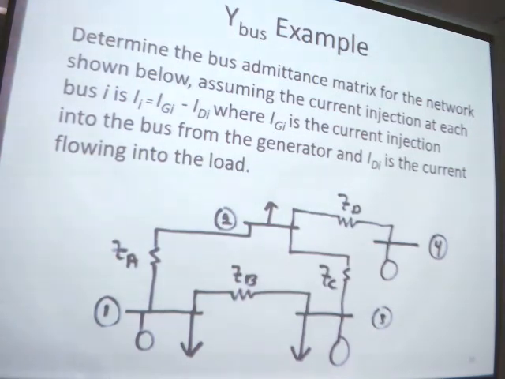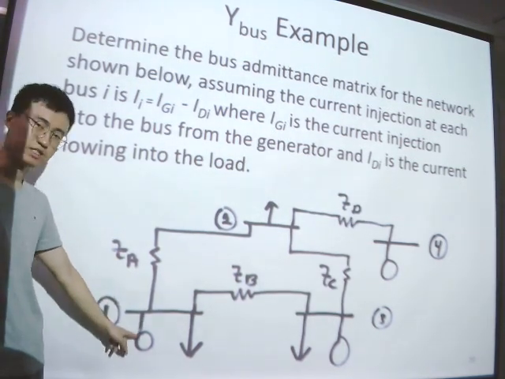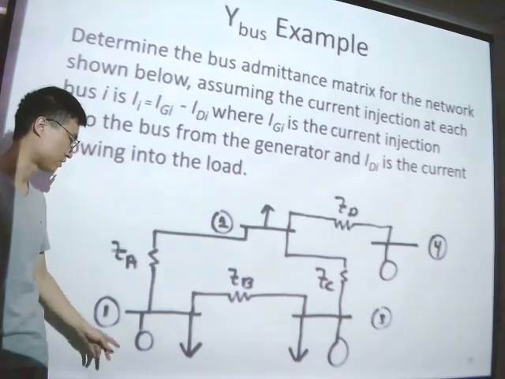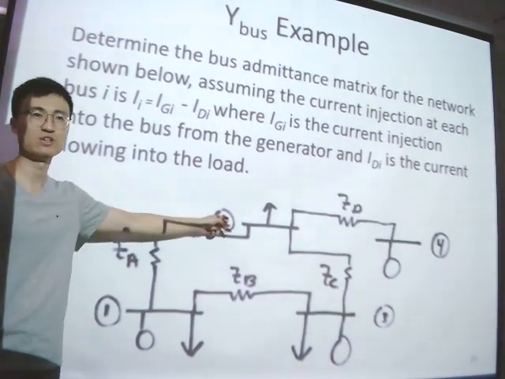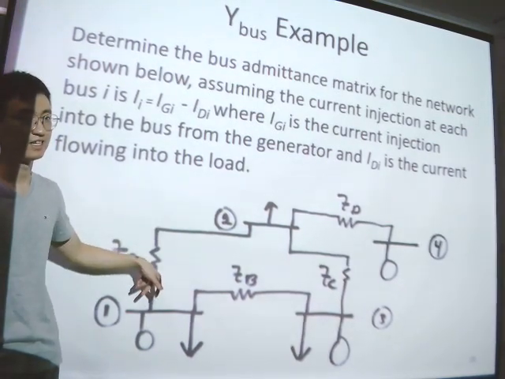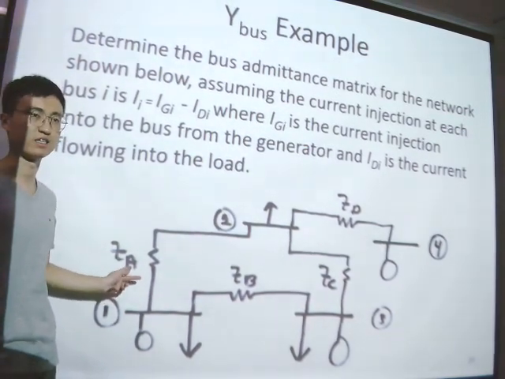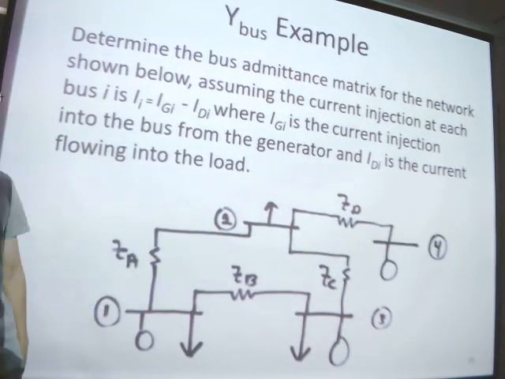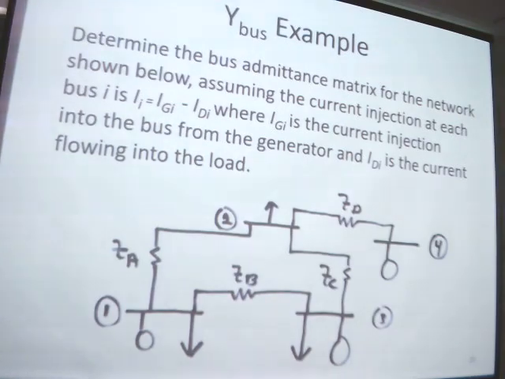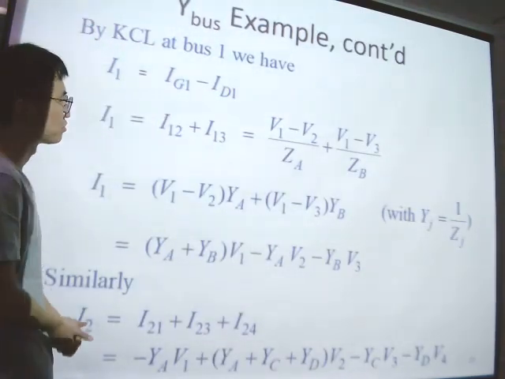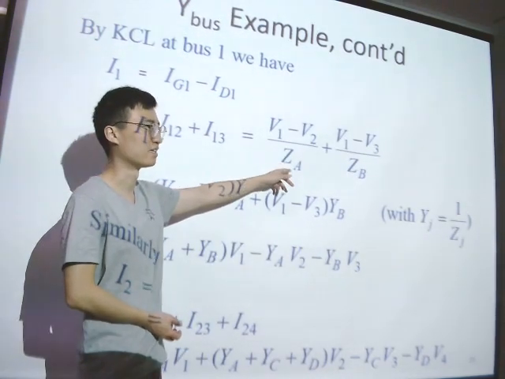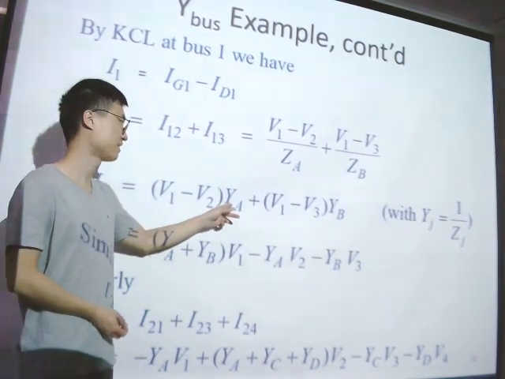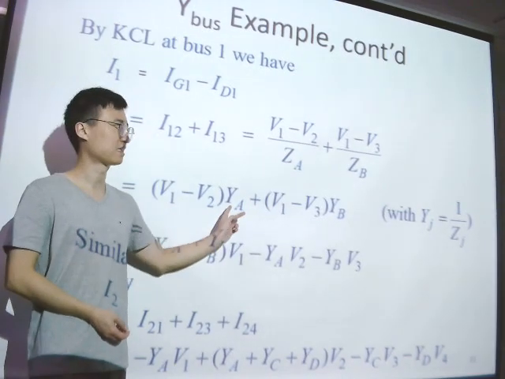Because you can see the generator, the current is from here to here, so V1 minus V2, the difference of the voltage, divided by the impedance. And we use the admittance, the reverse of the impedance, okay? So we can get this.